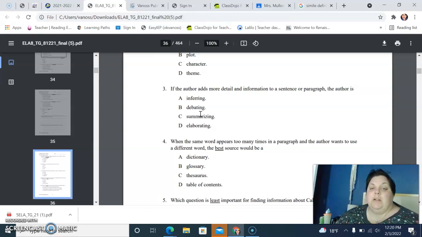When the same word appears too many times in a paragraph and the author wants to use a different word, the best source would be A, dictionary, B, glossary, C, thesaurus, or D, table of contents.